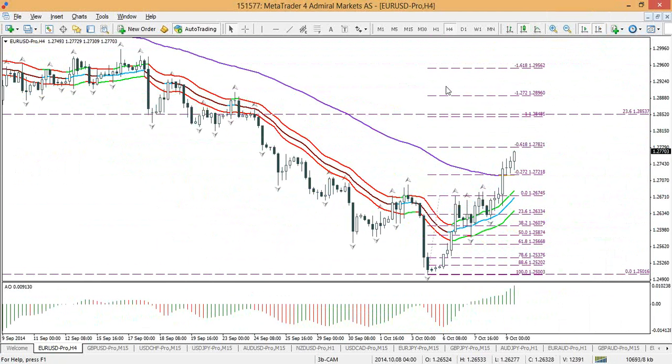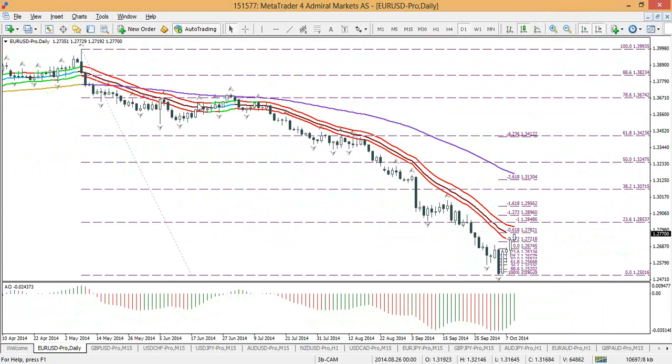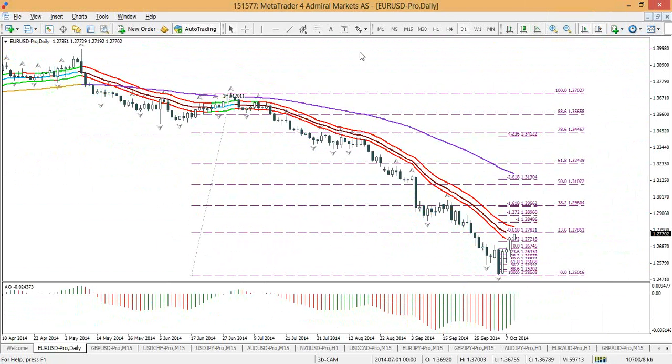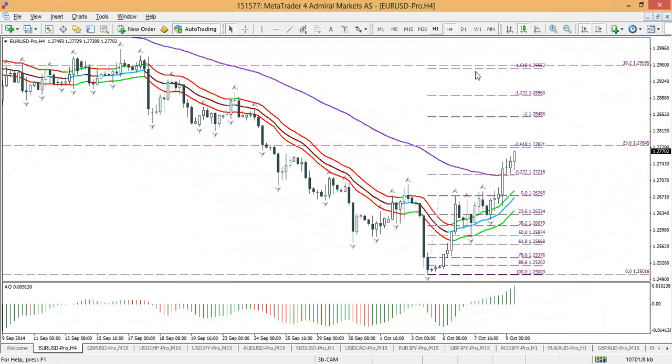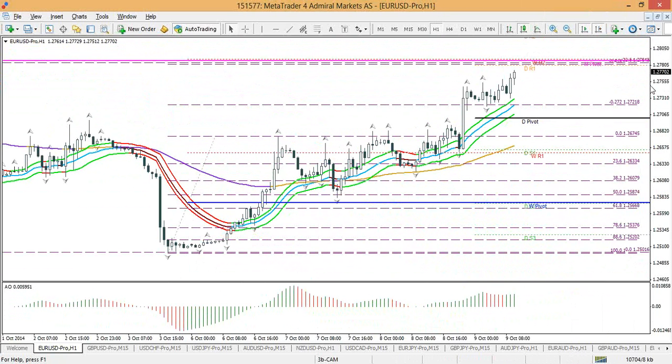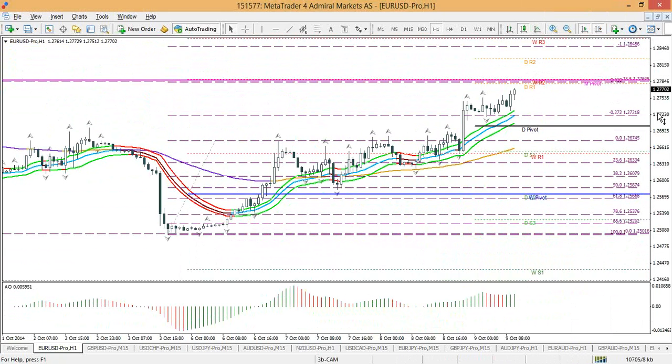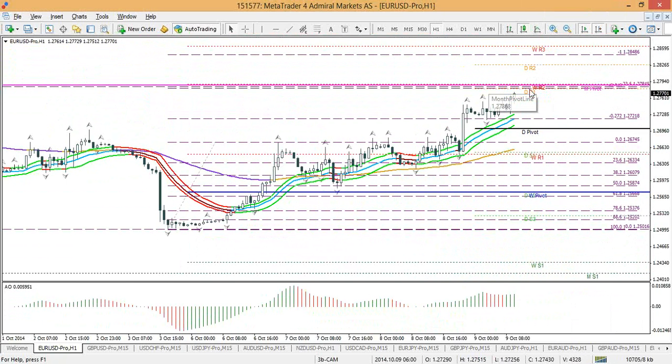Sorry, I got the fib wrong here. Excuse me. And a 23.6 fib. So there's such a high density of resistance that probably will stop the up move, and we'll see a bounce and then a continuation like that.